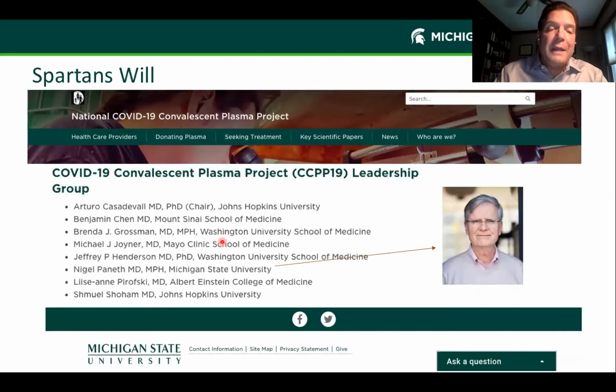Our Nigel Paneth, in the Department of Epidemiology and Biostatistics here in the College of Human Medicine, is one of the leaders of this national organization to identify donors for convalescent plasma that is being tested for use in acute situations, such as healthcare workers or people who are infected and are rapidly losing health. People on ventilators have been given this convalescent plasma. So this is an ongoing project. It's exciting, and it has Michigan State leadership all over it. So that's wonderful for all of us, I think.